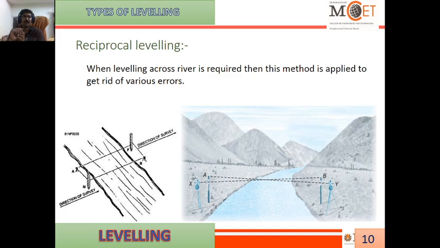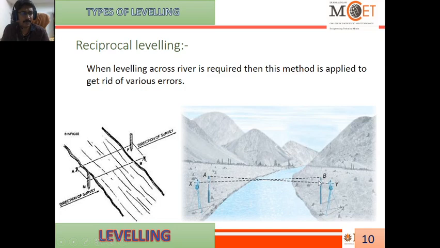So to get rid of that, we set up the instrument at one end, take the staff reading nearby, and from that position itself we get the staff reading at the other end by holding the staff, and the same procedure is repeated by transferring, or a second instrument can be used and kept at the other end here.